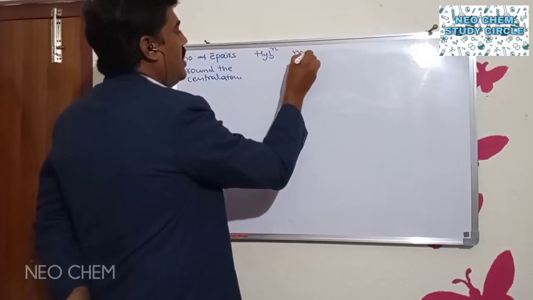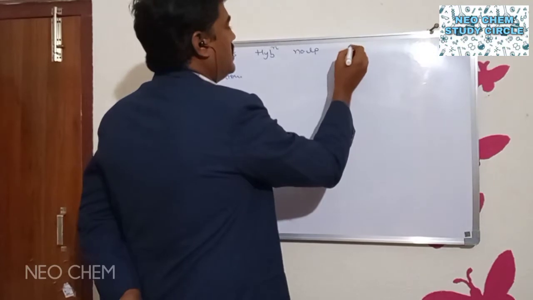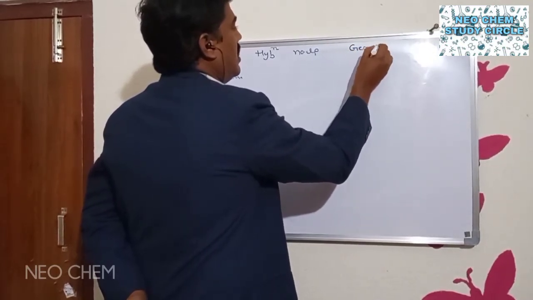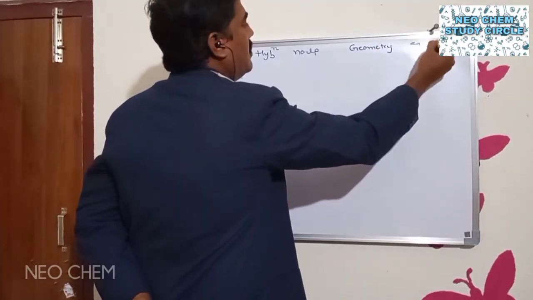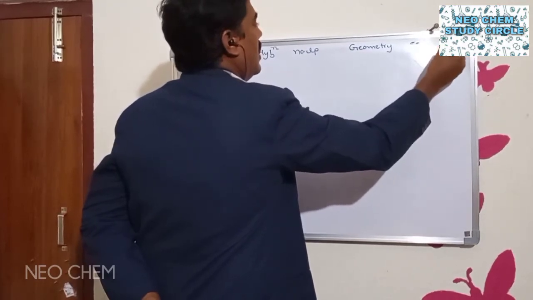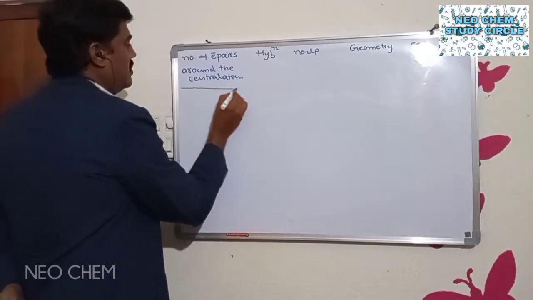Next, number of lone pairs in the next column. Next, geometry and example and rough work. Okay, this is the table.